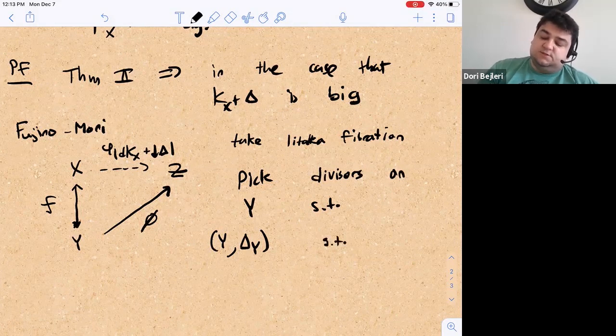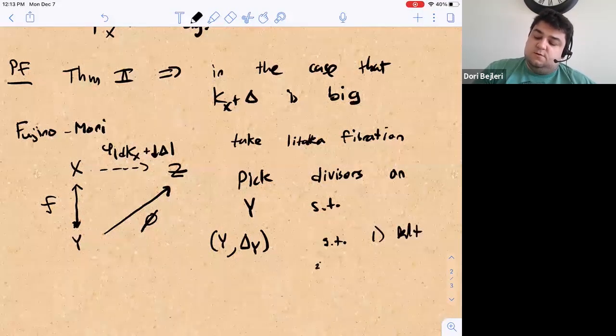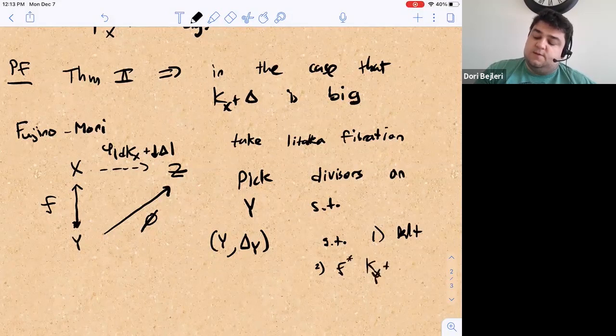So our usual assumptions: one, the pair is KLT; two, the pullback of K_X + Δ is K_Y + Δ_Y.